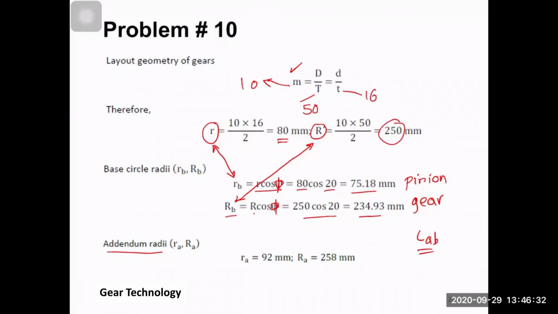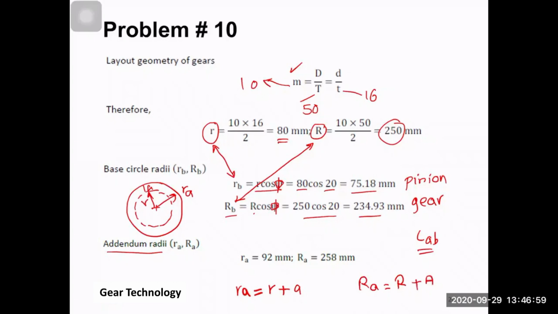So the addendum radius RA is equal to R plus the addendum. If you draw a circle here, this is the external circle, this is the pitch circle, this value here is RA, this value is R, and the difference between them is small a, which is the addendum. The same for the gear, RA is equal to R plus capital A, which is the addendum.